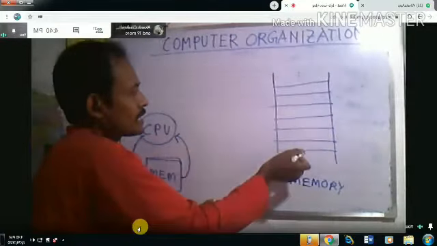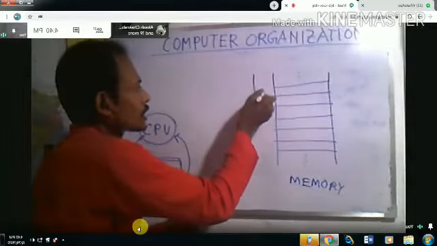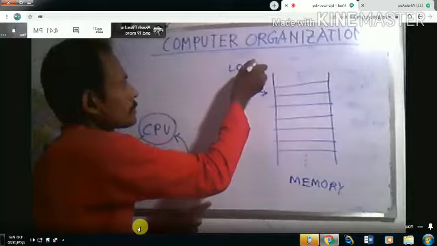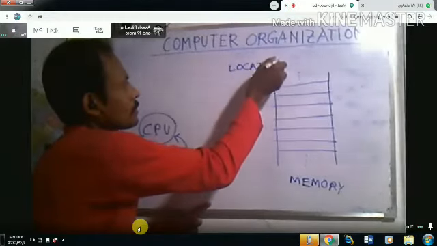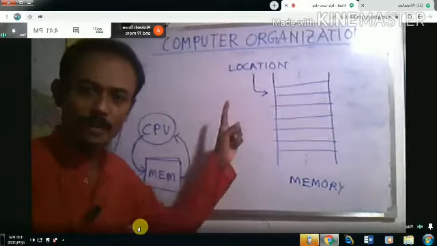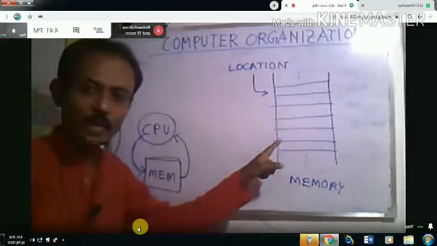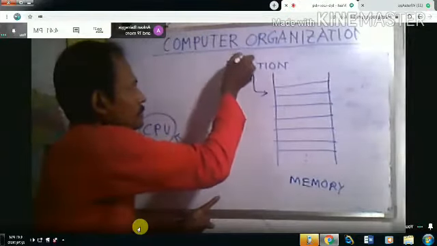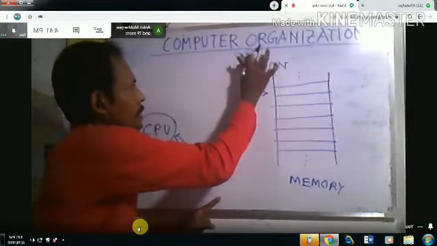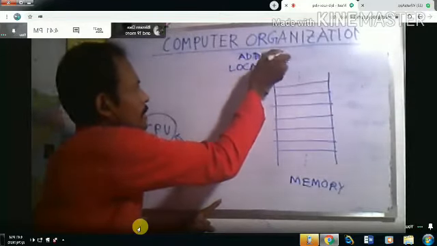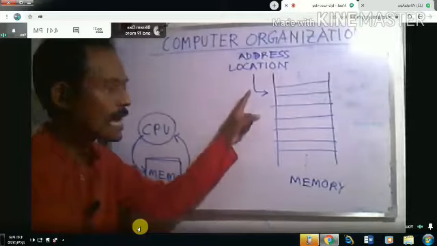Basically these are called locations. So these are called the locations. Now every location of this memory will have an address. So every memory location will have an address.